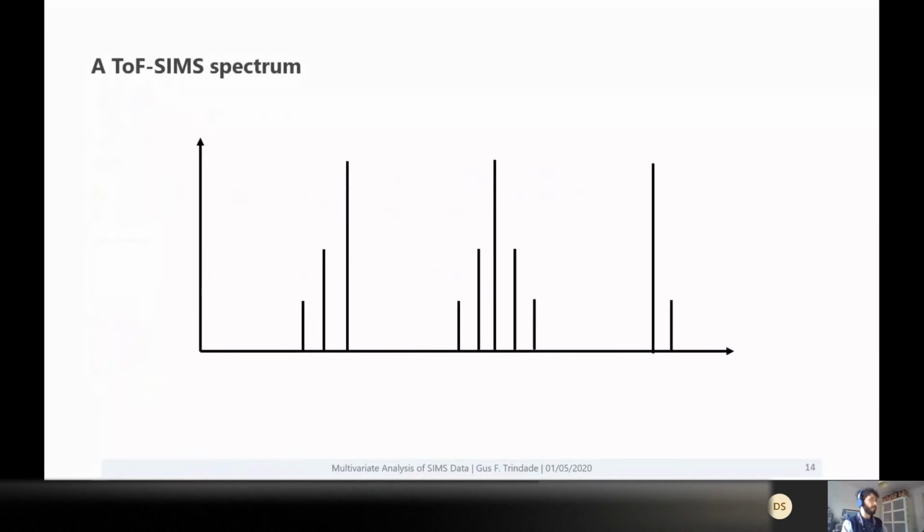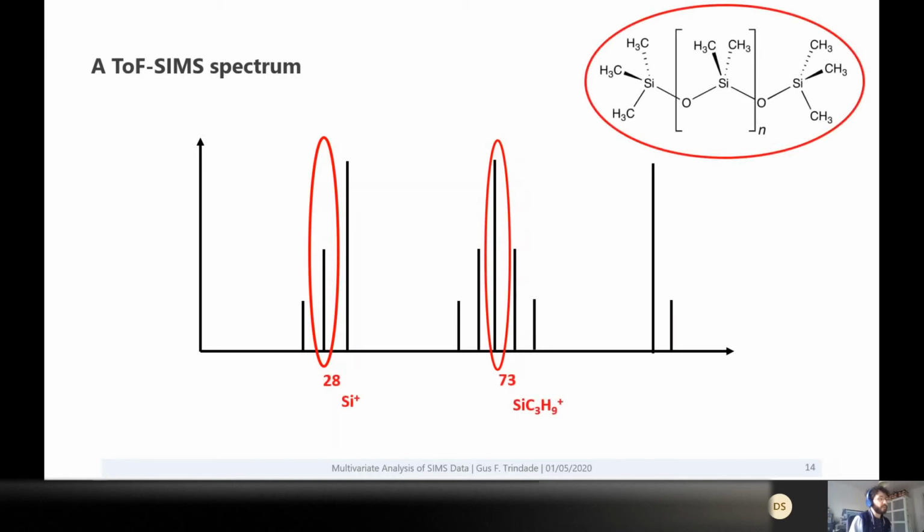So if we consider a tof-sims spectrum with several peaks, to simplify it, we just pick only two of these peaks. Imagine that this is a very simple spectrum with only two peaks. And to make it more relatable, let's say these are two peaks from PDMS. Everyone working with SIMS has measured PDMS before, I'm sure.